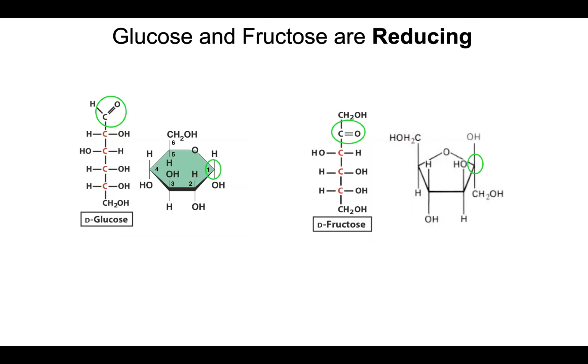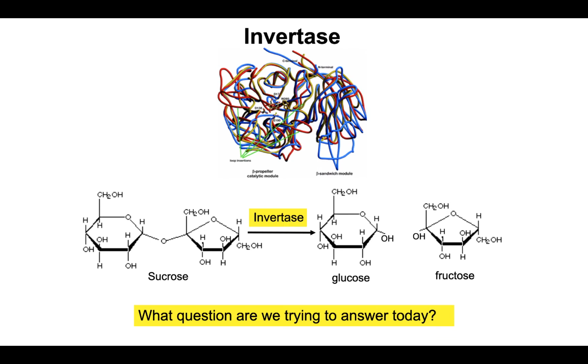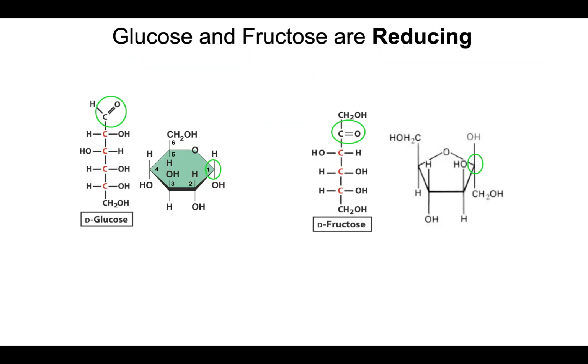So we need to take advantage of some other fact about invertase in order to track where it is at any given time. So let's remind ourselves that invertase takes sucrose and breaks it down into glucose and fructose within yeast cells. So let's take a look at the chemistry of glucose and fructose. And what you'll notice is both of them are considered reducing sugars.